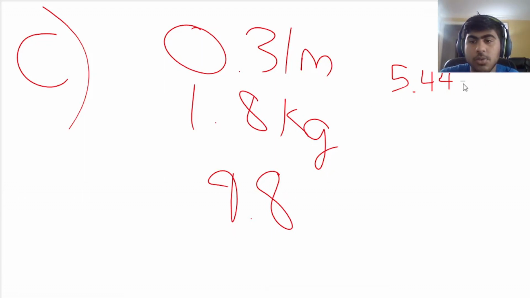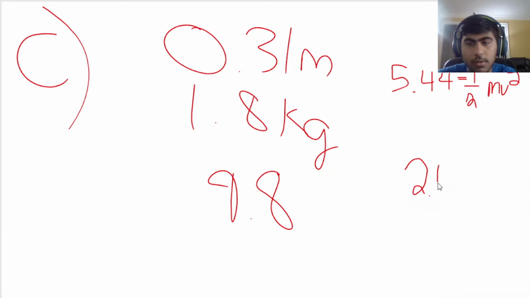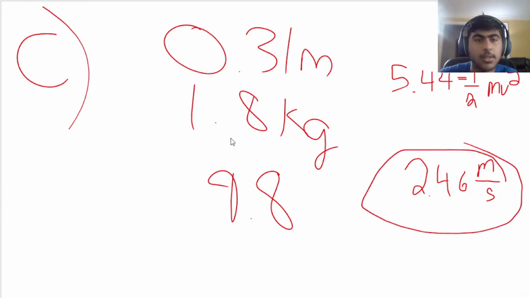Now this is equal to 1/2 mv squared. Multiplying by 2, dividing by the mass, and square rooting gives us our velocity of 2.46 meters per second, and that is the speed at the lowest point, the equilibrium point of the bob.